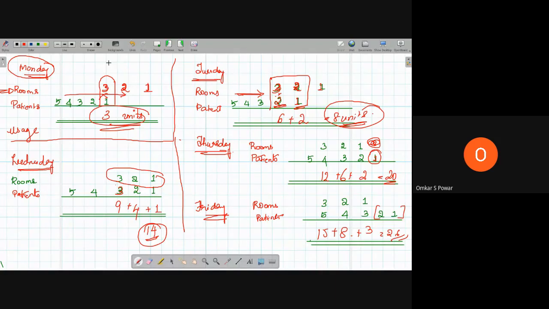So what process have I done to find the units of consumption of your medicine dosage? This process is called convolution. What is convolution? You have two signals, x1 and x2.